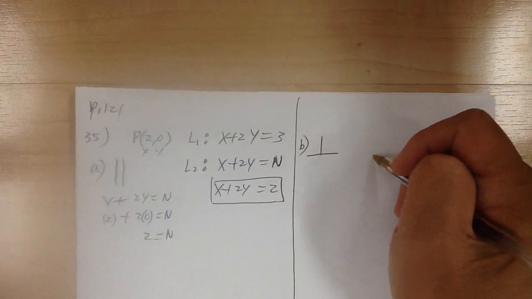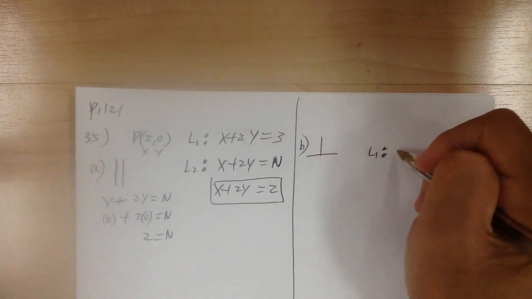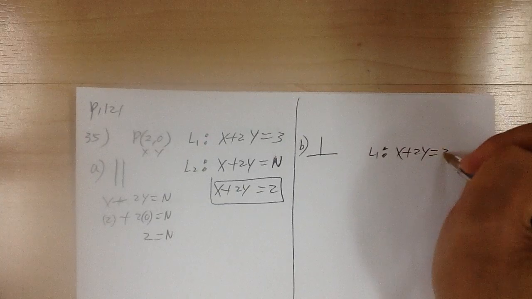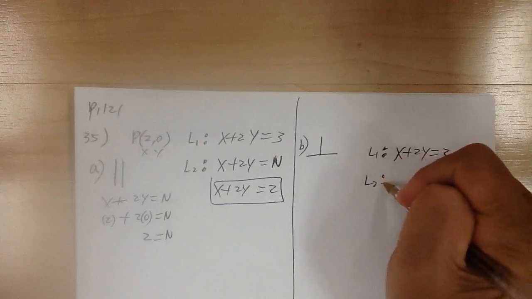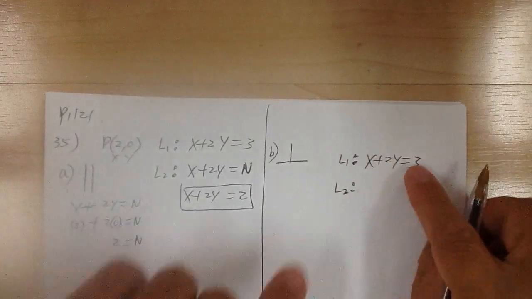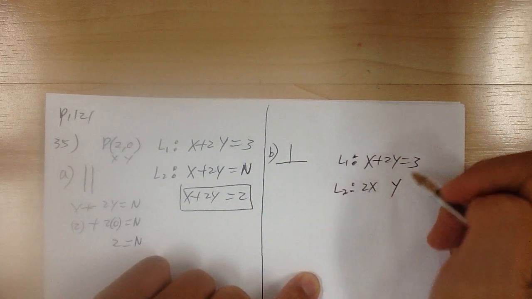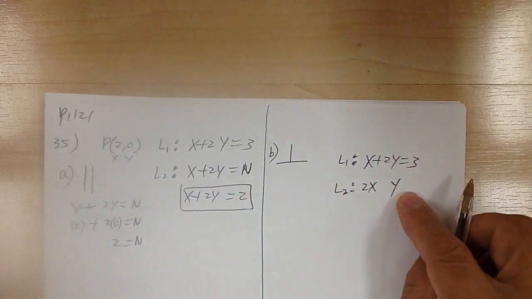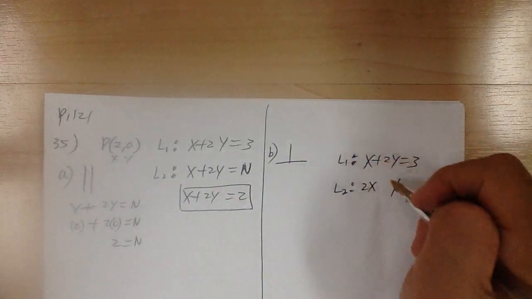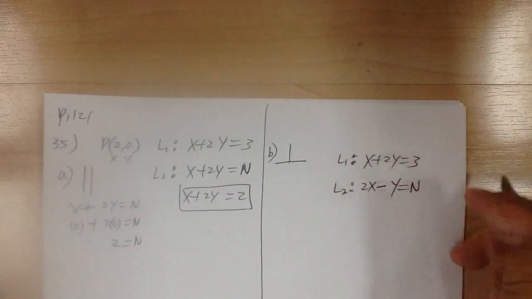Again, your L1 is x plus 2y equal to 3. So for your L2, the perpendicular line, again you have to switch the numbers, so it would be 2x and this would be 1y, right? So again, 1 and 2 become 2 and 1. And then you have to change the sign, so positive becomes negative, and this will equal a number.